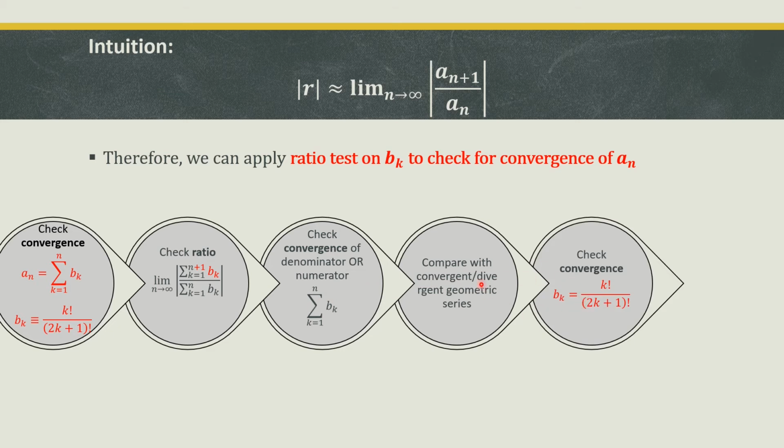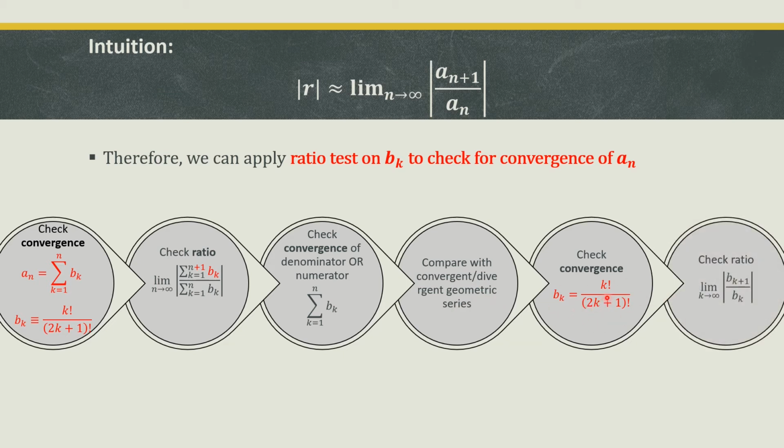And then, when we have done that, we can now check the convergence of b sub k. So again, if b sub k is less than the convergent geometric series, then this limit is convergent. And if it's greater than the divergent geometric series, then this limit is also divergent.